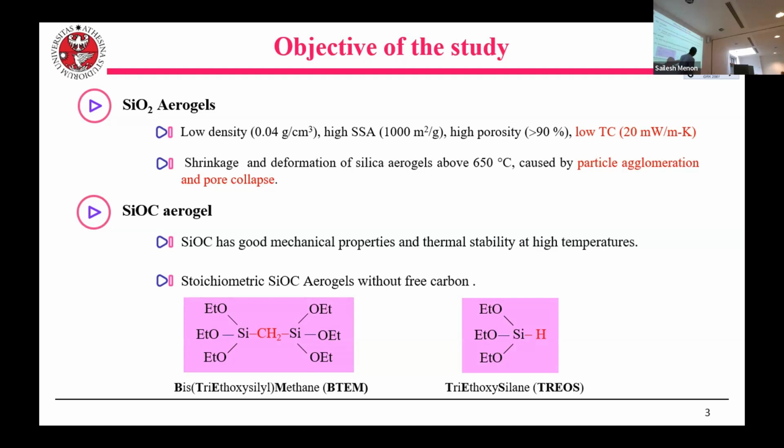And we know that the Si-H bond normally facilitates the pyrolysis reaction, and it can also facilitate the redistribution reaction during pyrolysis.